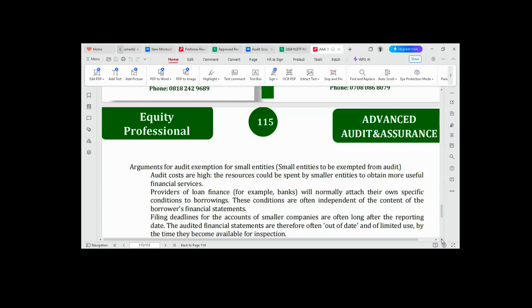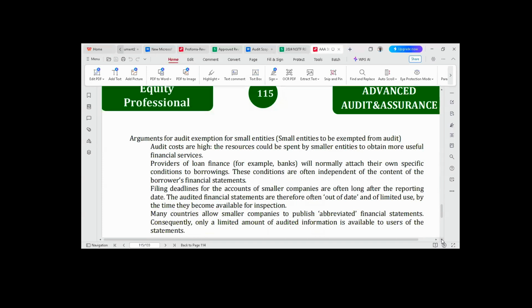So they have 3 months after the year end to prepare and present the audited financial statement. What we are saying here is that 3 months or sometimes 6 months is too far a period, because within that time so many things will have changed. There will have been amendments to government policies and regulations, and this will impact the financial statement already prepared. So it makes it what? Useless, or what? Out of date. Okay?